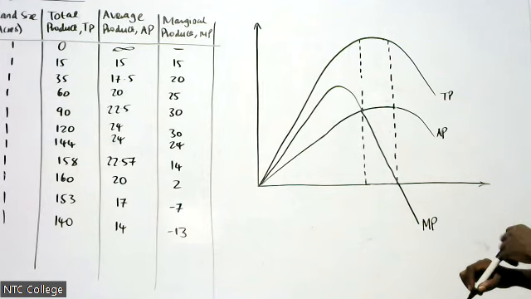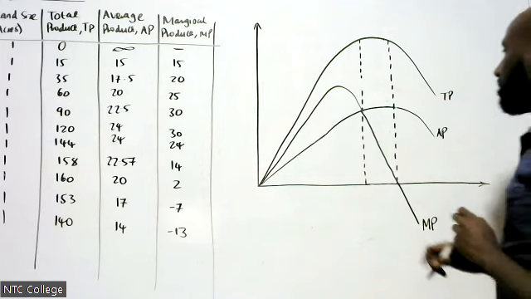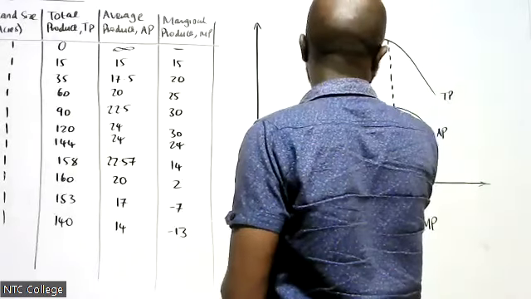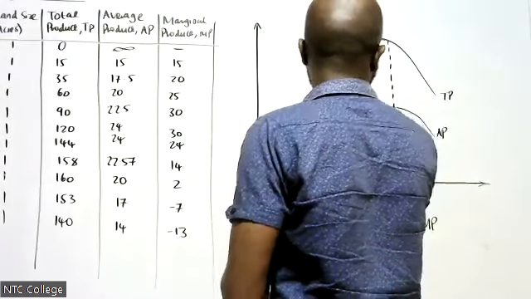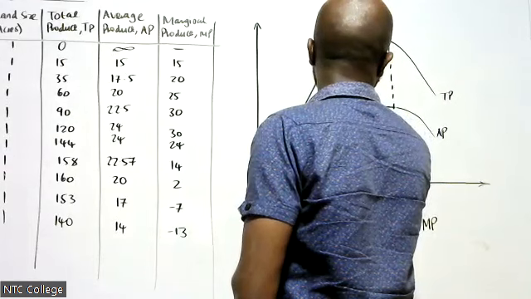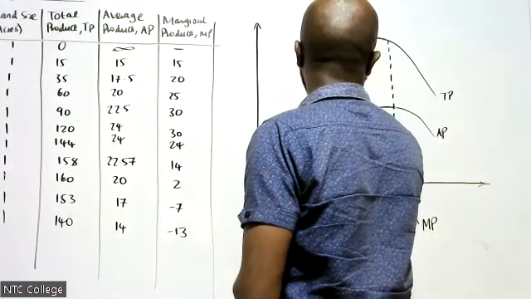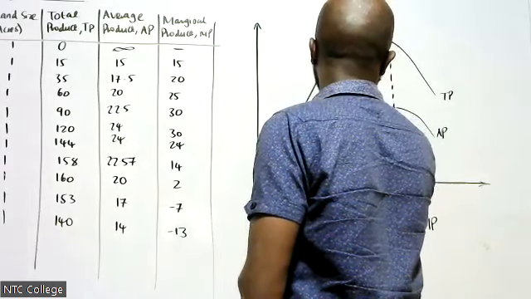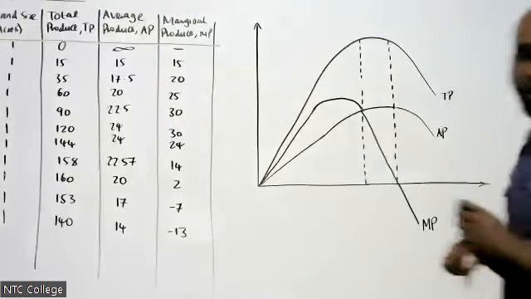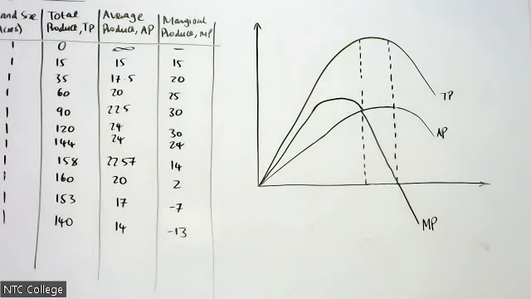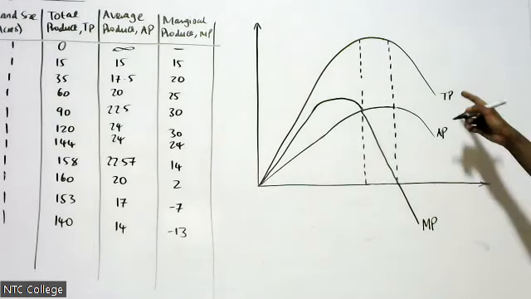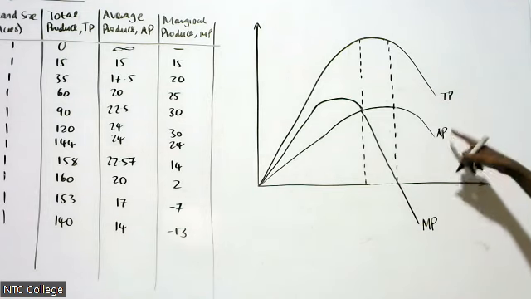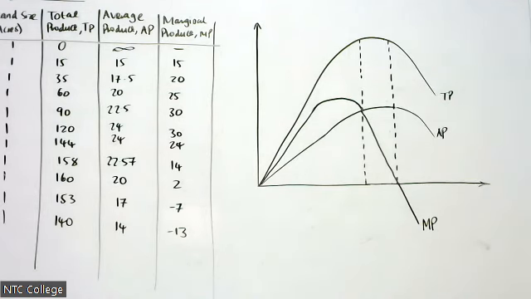So that is the 3 diagrams. I wanted to try and come up with those 3, and then we get to explain the 3 stages of production using this diagram. I also want to make sure it looks as genuine as possible. So something like that. We have total product, we have average product, and we have marginal product.